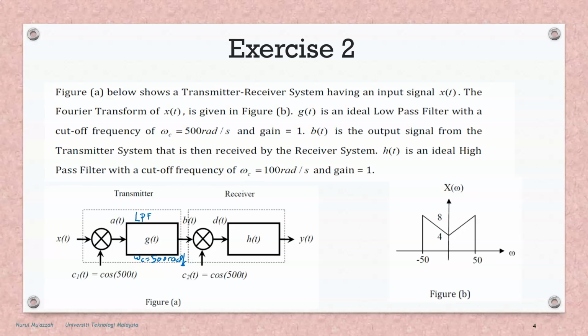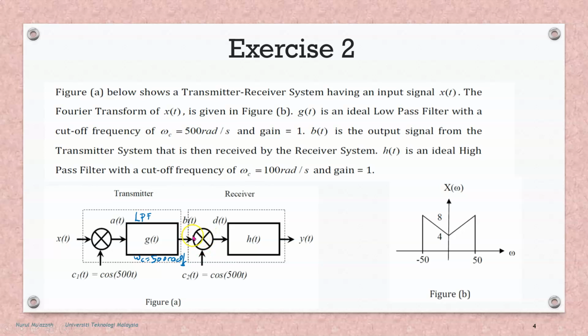First of all, you need to understand the diagram before you jump to the question. The output from the low-pass filter, or from the transmitter, is bt. So basically bt is transmitted and arrives at the receiver, where there is another mixer.